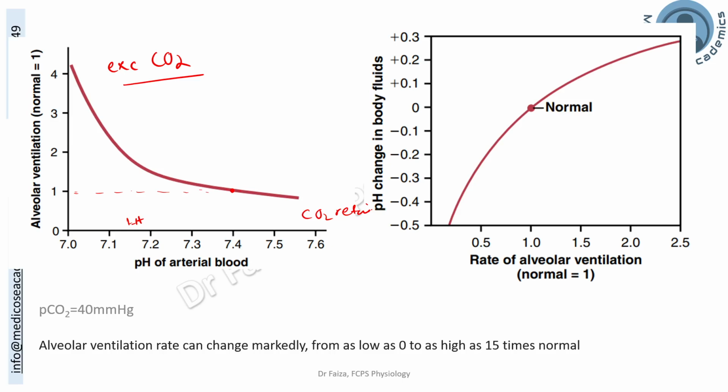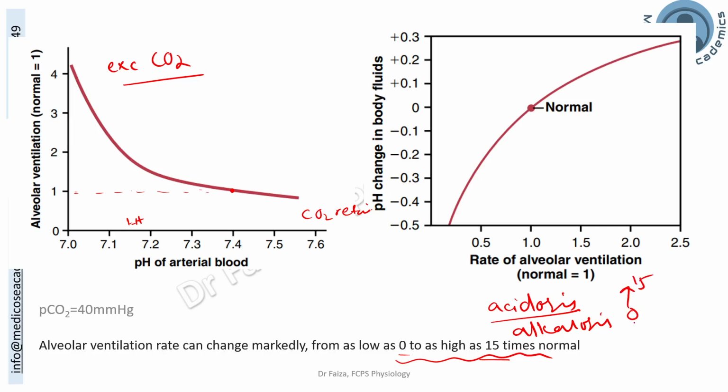The rate of alveolar ventilation can be decreased as low as 0, maybe stopped, or increased as much as 15 times normal. So by looking at this fact, can you guess if the correction for acidosis is better or correction for alkalosis is better? For acidosis, the respiratory system has to hyperventilate. It can increase its rate of ventilation from 1 to 15 times.